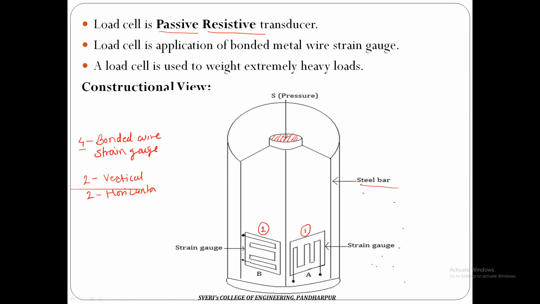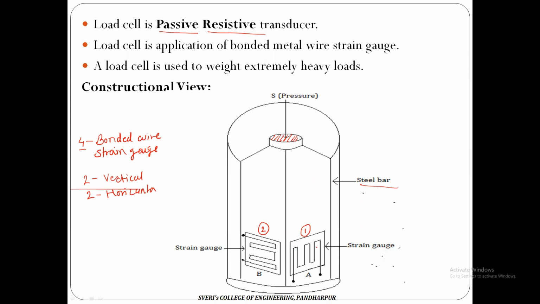Now when the pressure or the weight is applied on the diaphragm, this pressure will be experienced by the steel bar, and as the bonded wire strain gauges are mounted on the steel bar, the pressure will be experienced by the bonded wire strain gauges.